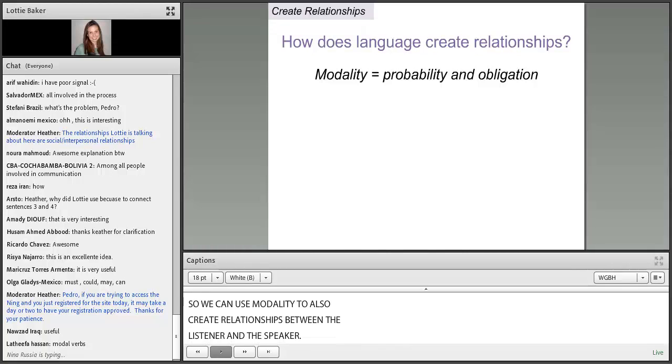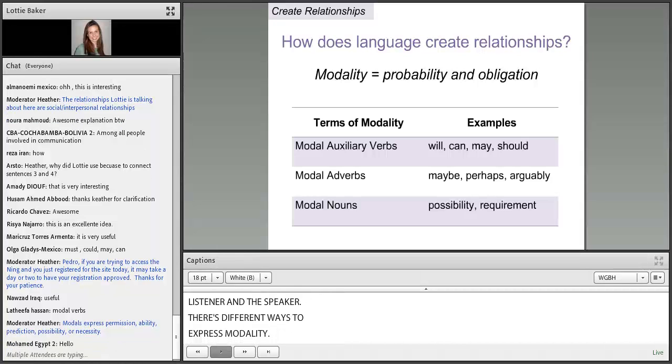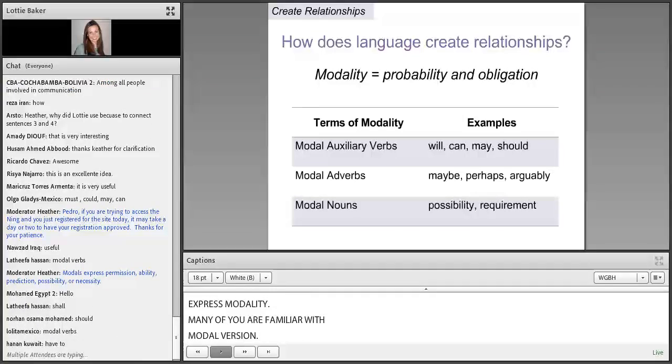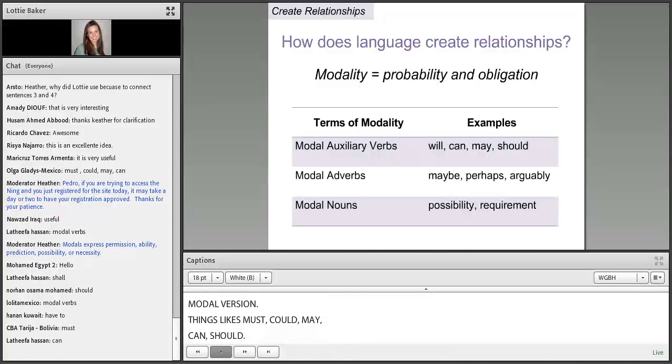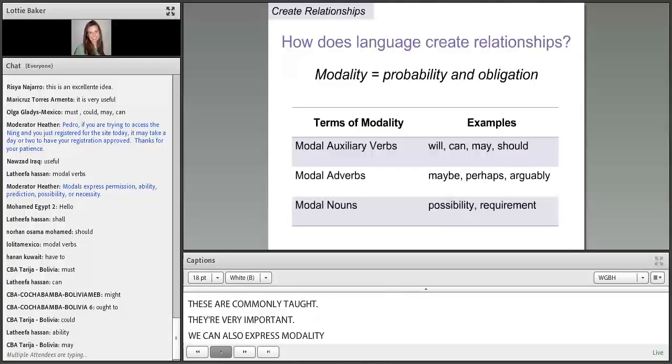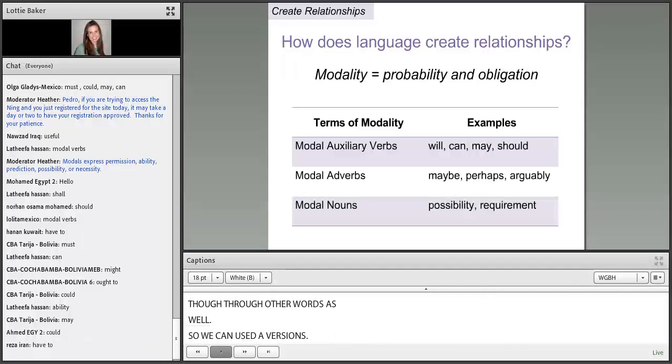There are different ways to express modality. Many of you, and I see here in this chat box, are familiar with modal verbs. So things like must, could, may, can, should. These are commonly taught, and they're very important. We can also express modality through other words as well. We can use adverbs, like maybe, perhaps, arguably.